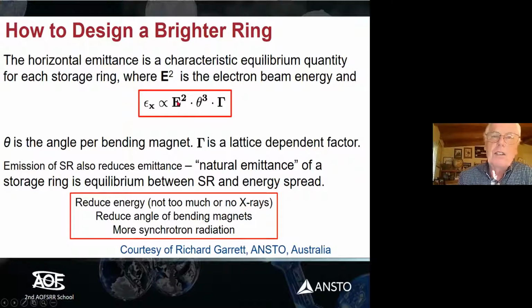For the ALS, it's going to go to 2 GeV. But at Argonne, I think they're presently at 7 GeV, and they're going to drop down to 6. Compared to the ALS at 2 and them at 6, their beam energy, the energy per electron, is 3 times higher, and it's squared. So for them to get the emittance down is a lot harder.